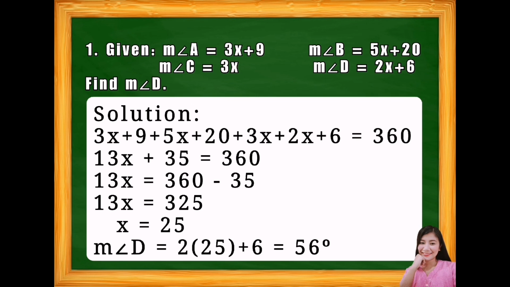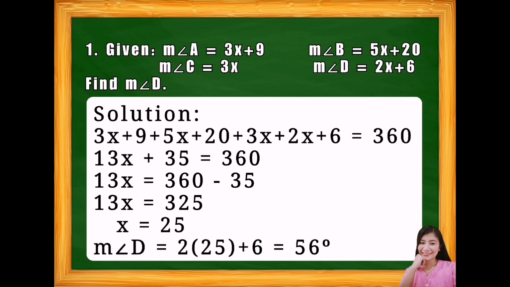Let us combine like terms. We add the x values: 3x plus 5x plus 3x plus 2x, that is equal to 13x. Then 9 plus 20 plus 6 is equal to 35.